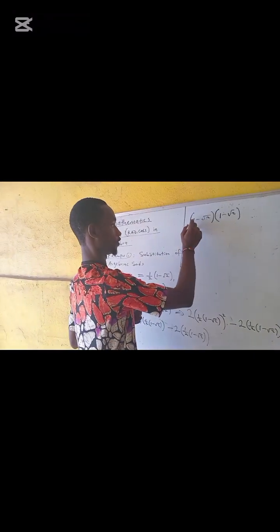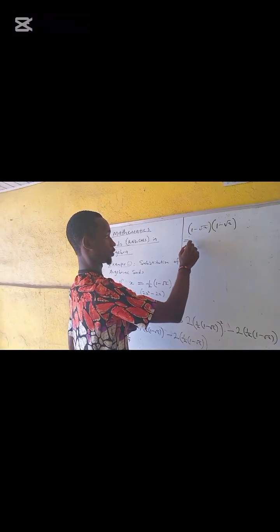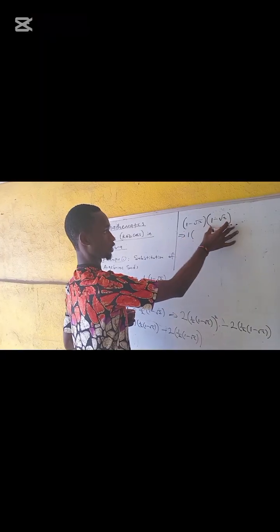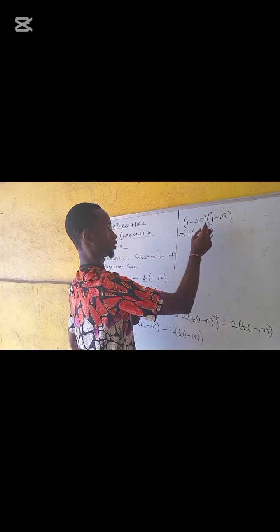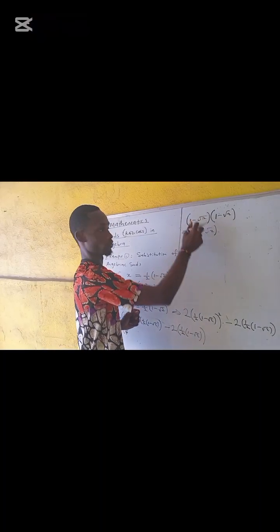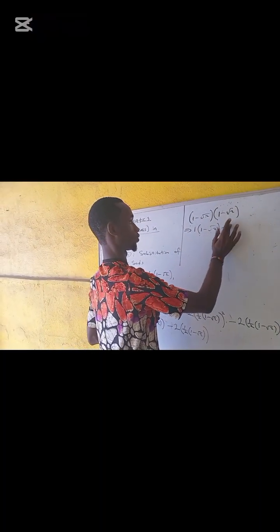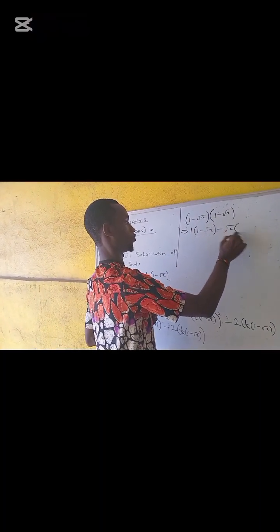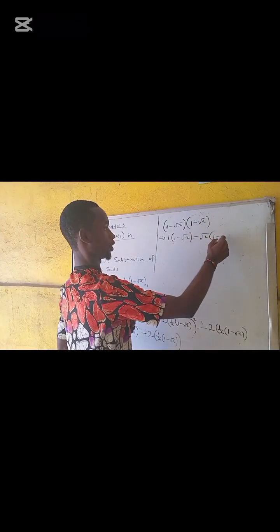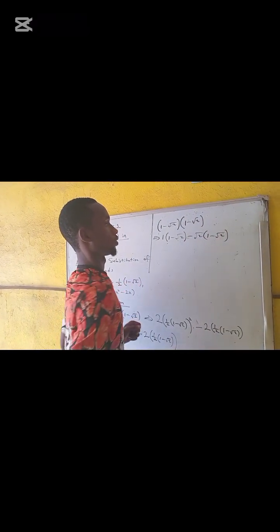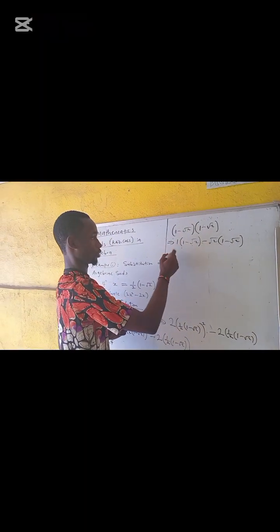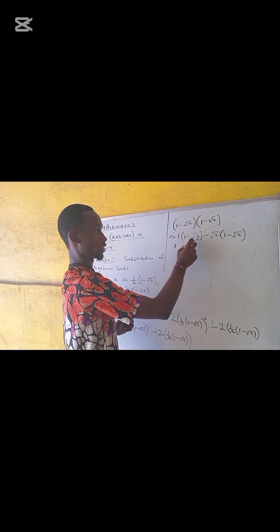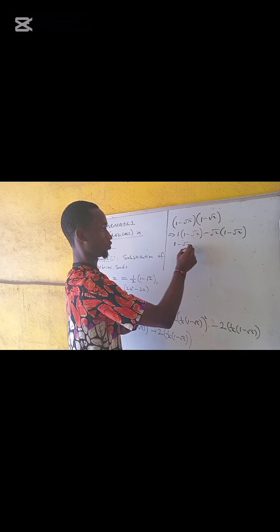So the first term we have here is 1. 1 times this bracket, 1 minus root 2. And the next one we have is this minus root 2. We multiply this bracket, 1 minus root 2. So if we simplify this carefully, 1 times 1 is 1. 1 times this is minus root 2.